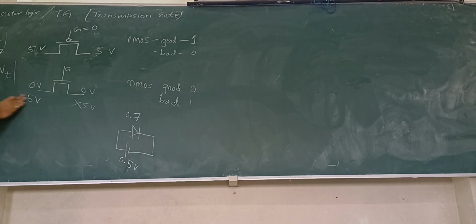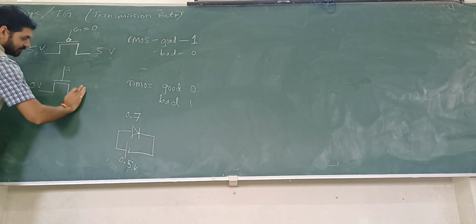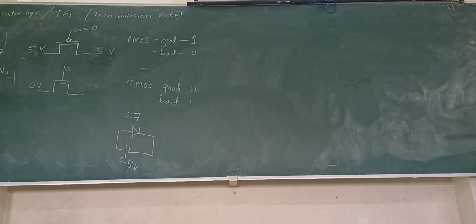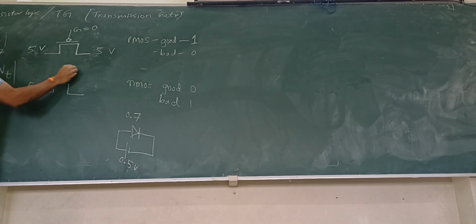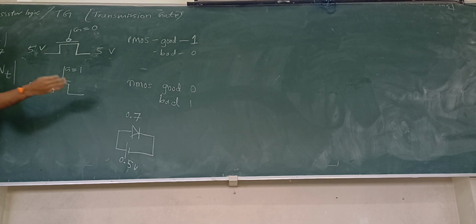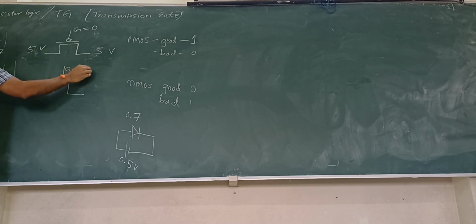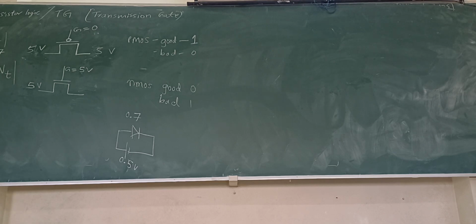Now the issue arises. When does this turn on? Let me assume 1 means I am giving 5 volts, and I want to pass 5 volts to the other side.